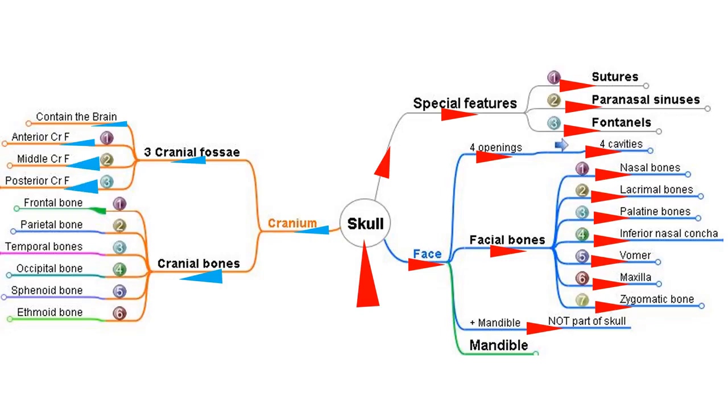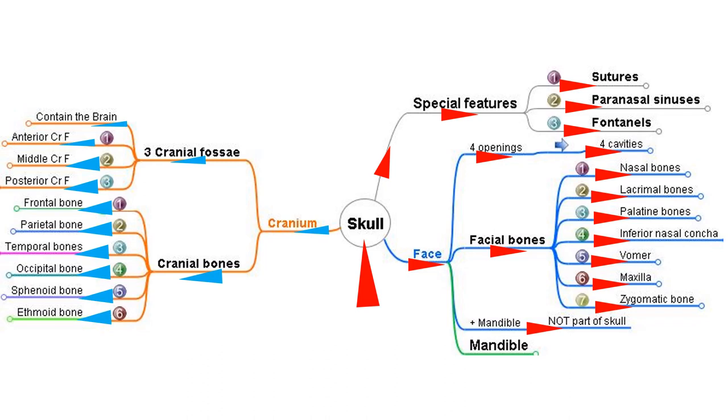Now, what are the cranial bones? We have the frontal, the parietal, the temporal bones, the occipital bone, the sphenoid bone.